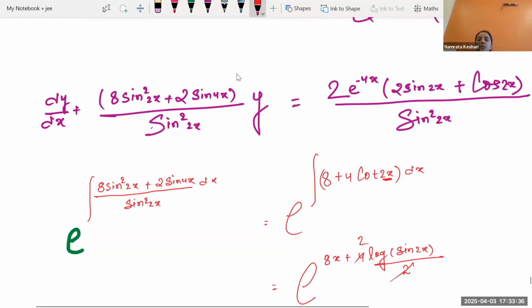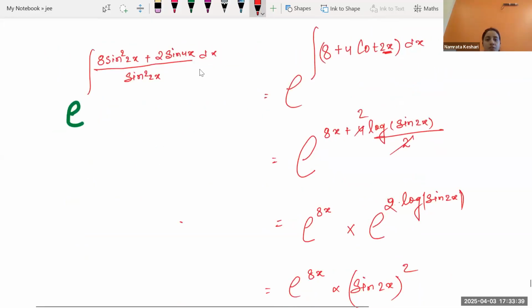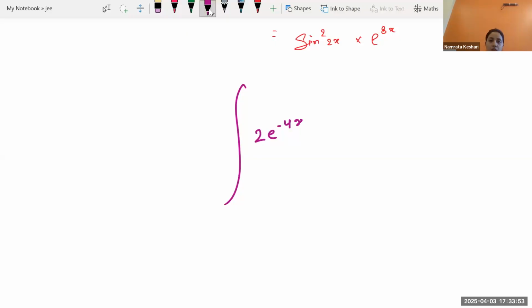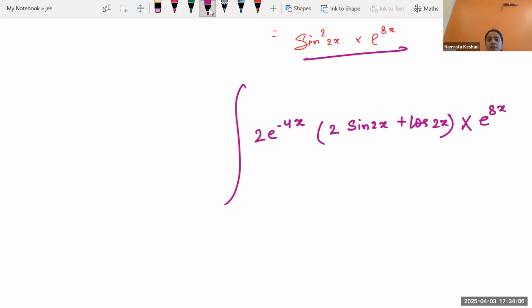We were having 2 e to the power minus 4x. Let me take the question. So basically here Q we need to multiply. Our Q was 2 e to the power minus 4x, 2 sine 2x plus cos 2x, and that we are going to multiply with e to the power 8x sine square 2x, right?